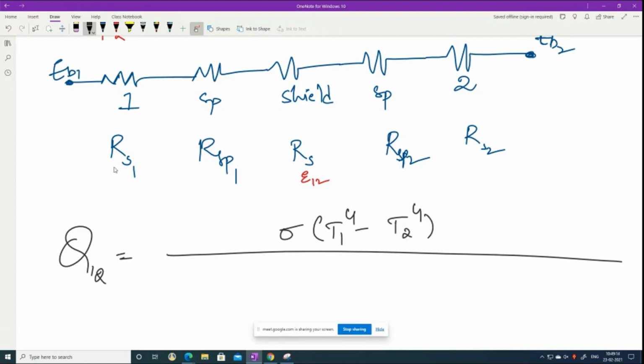In the denominator, you should take this one plus this one plus this one plus this one, the sum of all these things.